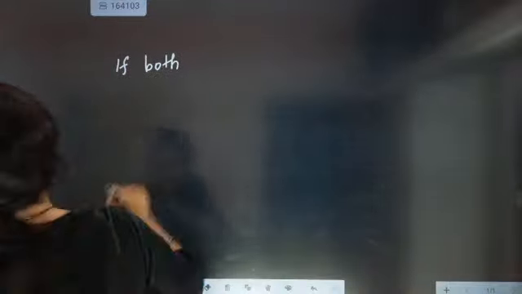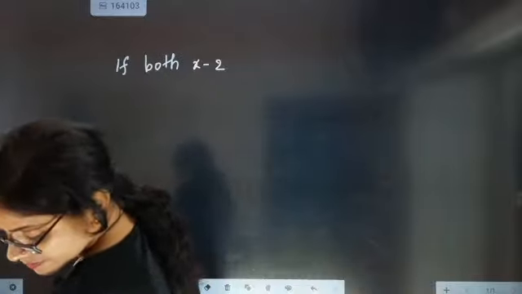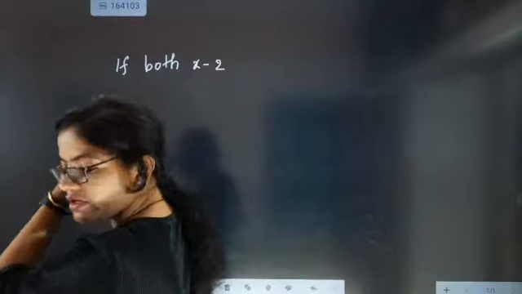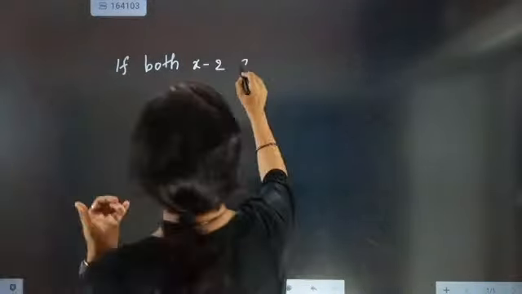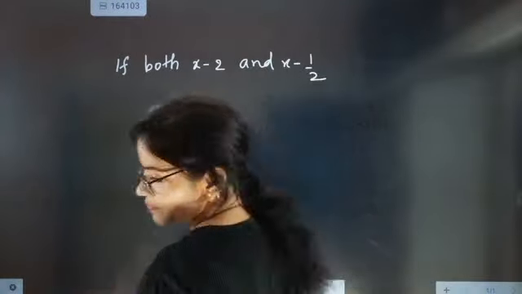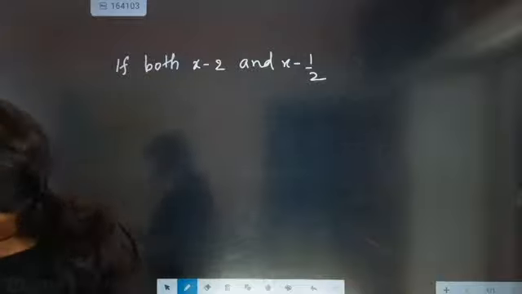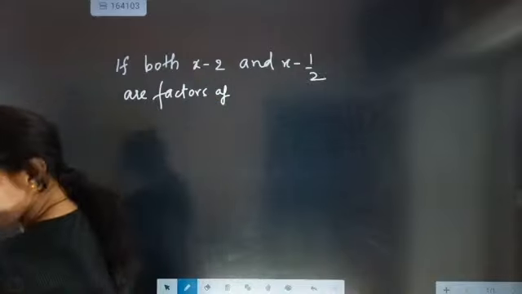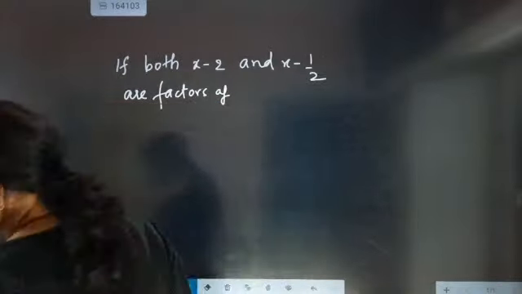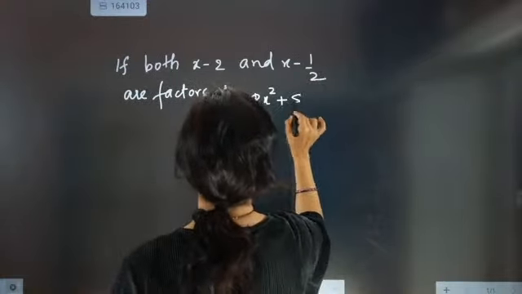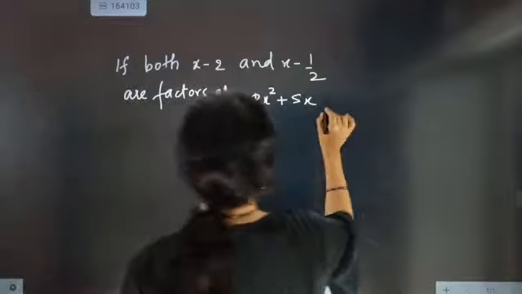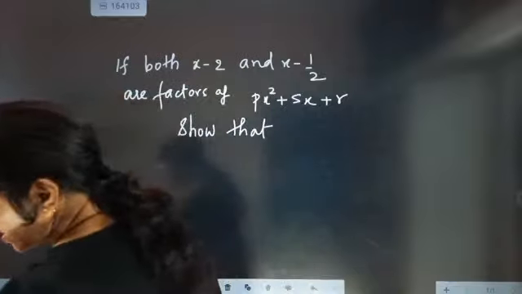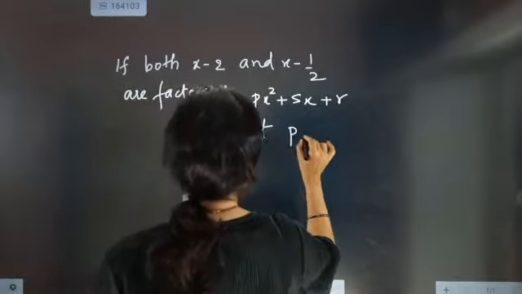If both x minus 2 and x minus 1 by 2 are factors of px squared plus 5x plus r, show that p will be equal to r.